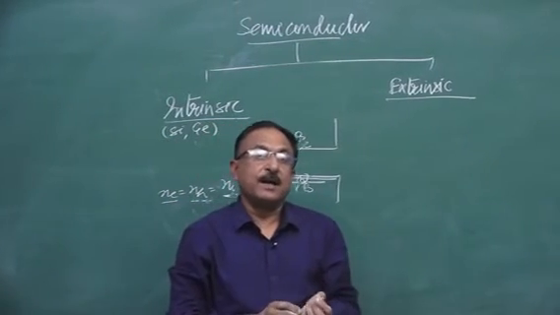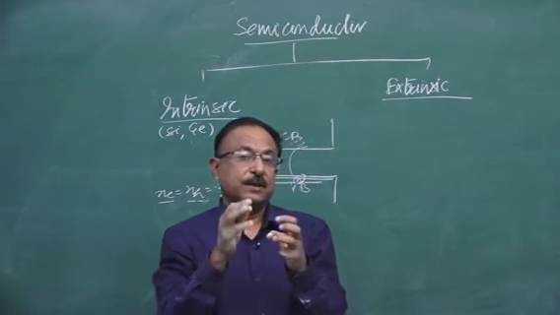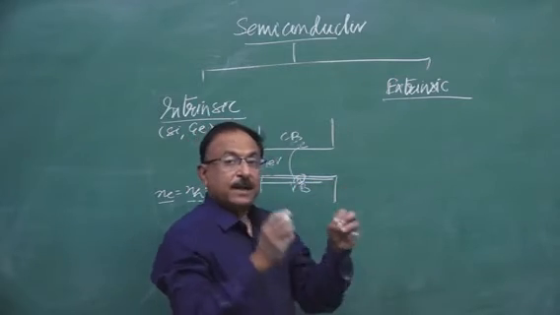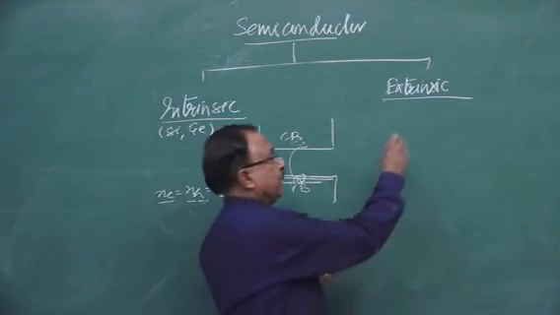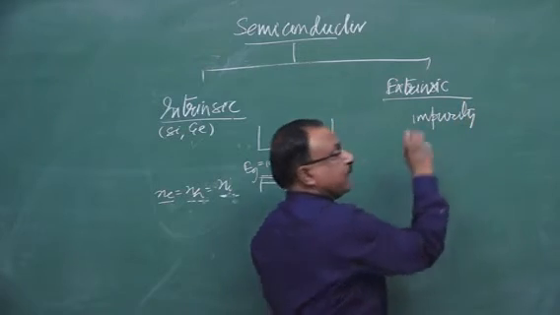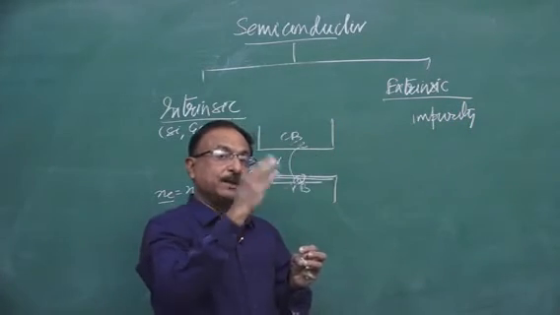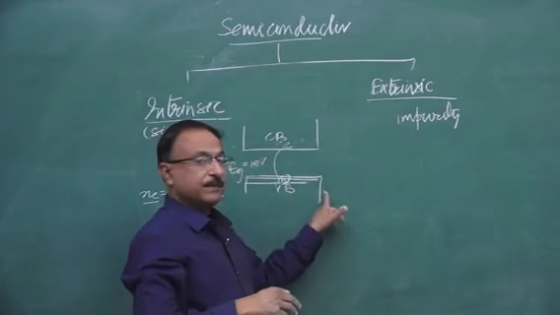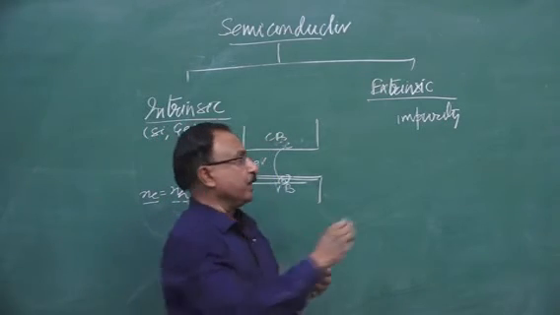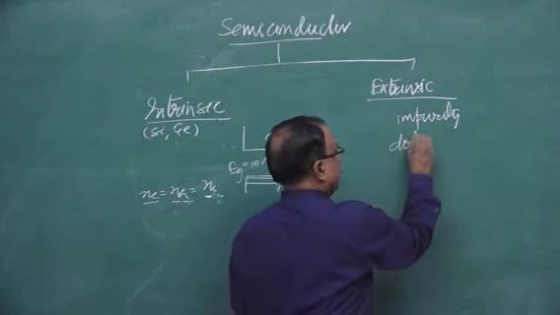Extrinsic semiconductors are the crystals in which the conductivity is modified by adding some impurity from another element, from another group, into the pure crystal of the semiconductor. The process of adding the impurity we call doping.